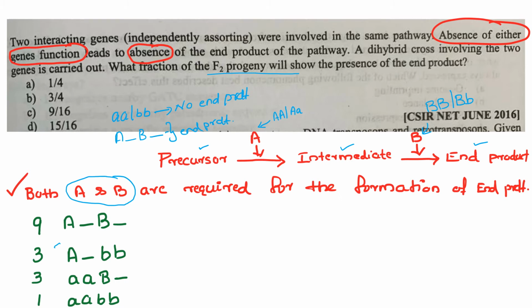We know that F2 progeny will form when we self-cross the F1 hybrid. F1 hybrid means if we cross parents, these are the parents. After crossing parent 1 and parent 2, we will get the F1 hybrid.